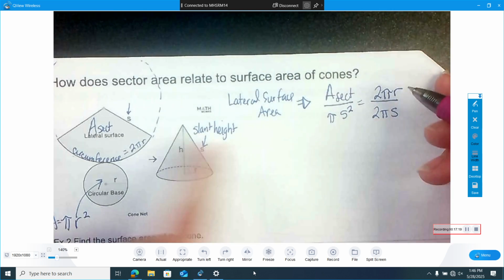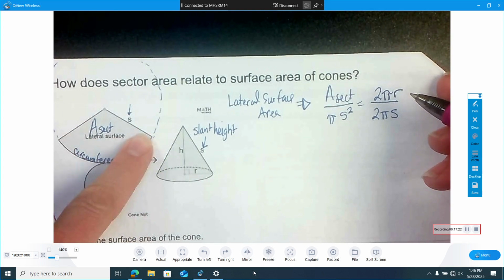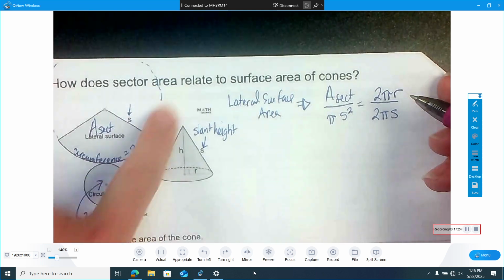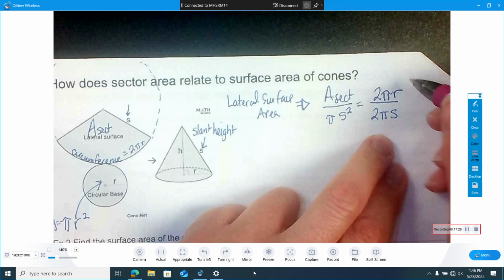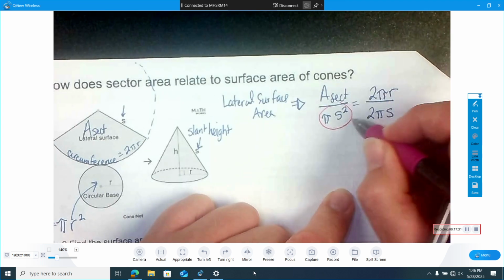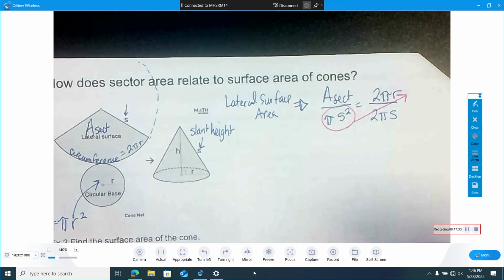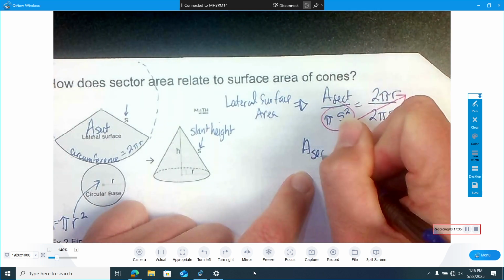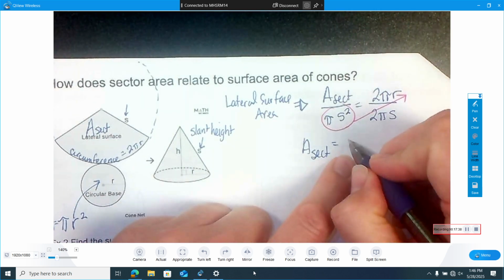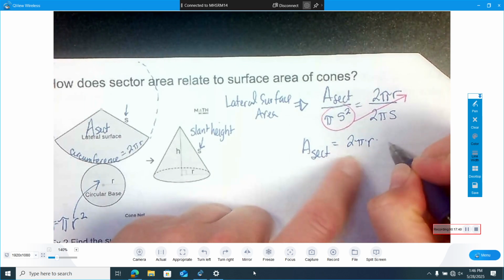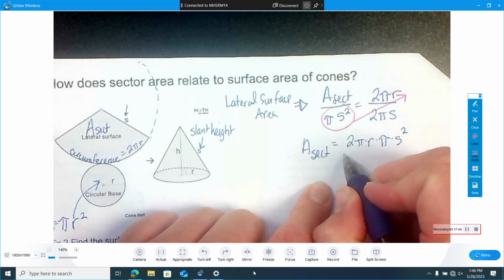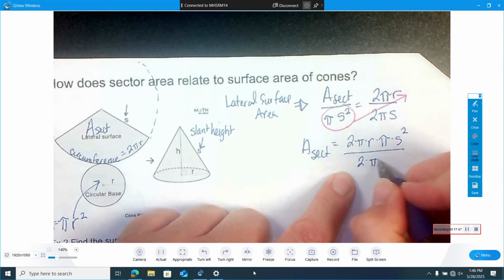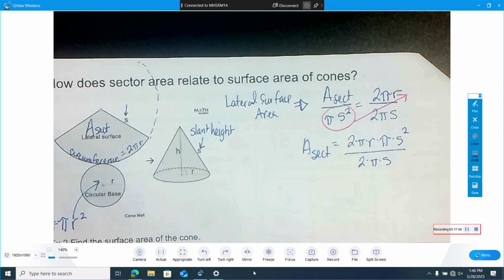So what we just did is a little section of arc length out of the total arc length, the total distance around the big circle. We are going to multiply this over here to the numerator, and after we clean it up, 2 times pi times r times pi times s squared, all over 2 times pi times the slant height. Let's see how this cleans up.